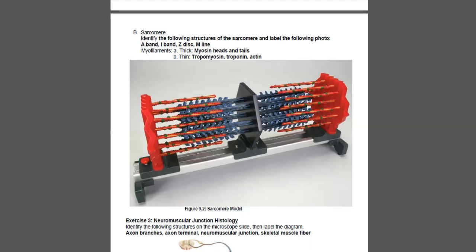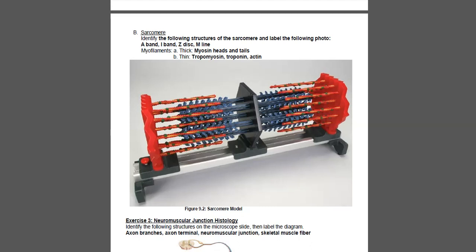And so I can use this same picture on the lab exam, and you need to know these parts. We have A band, I band, Z disc, and M line. So M line is the middle line here.